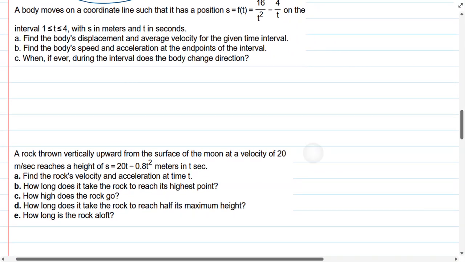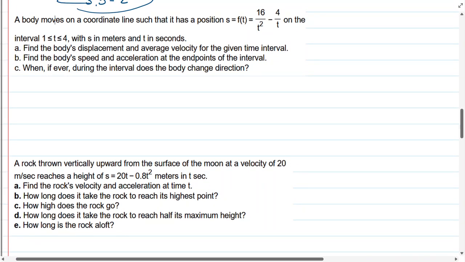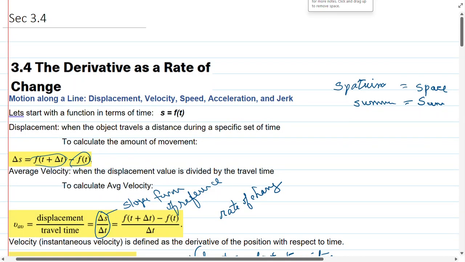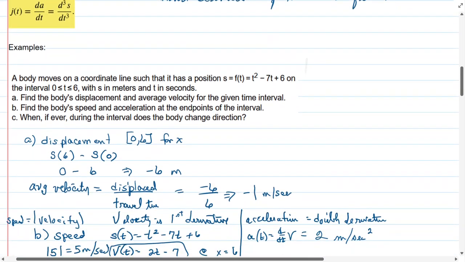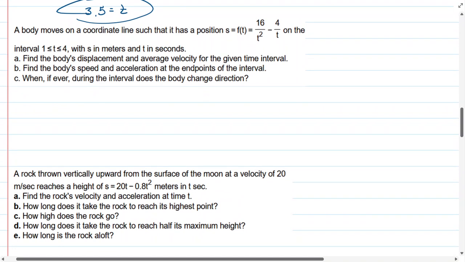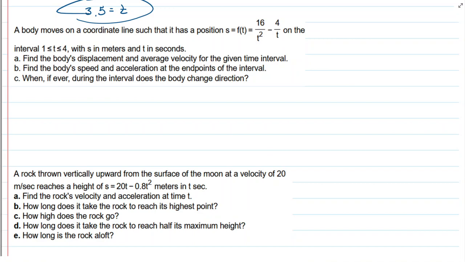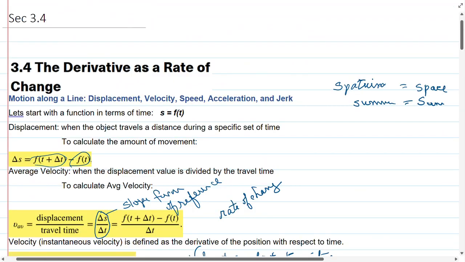Okay, so we have another one here. What is different between this one and the one we just did? What is the difference? It's ugly. I agree. So we have probably the quotient rule going on.